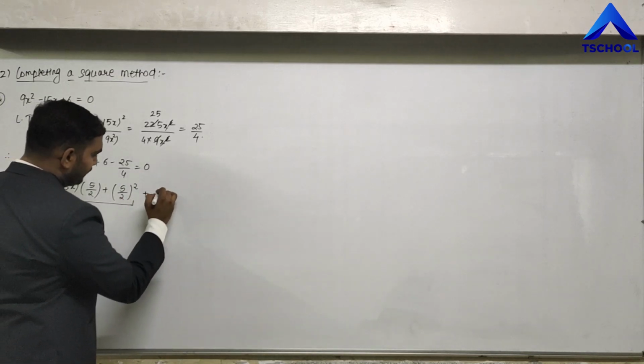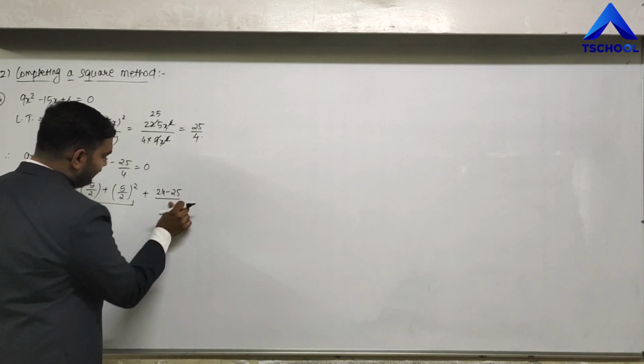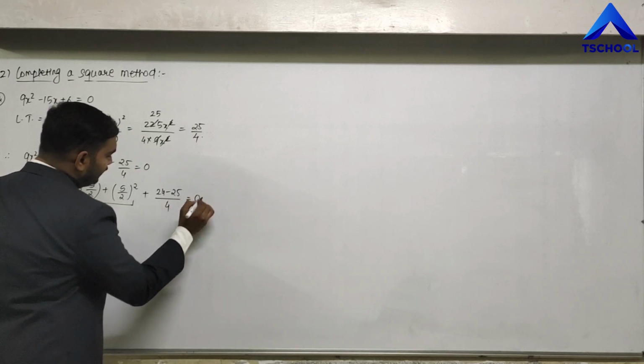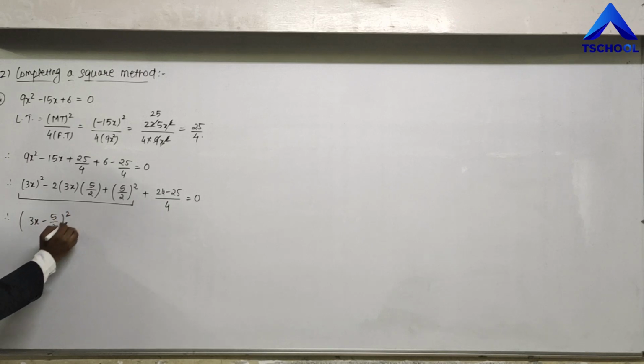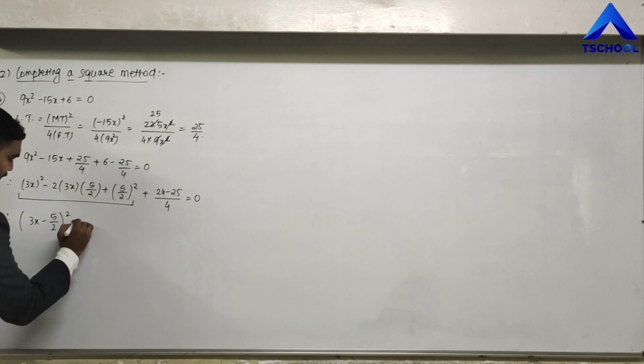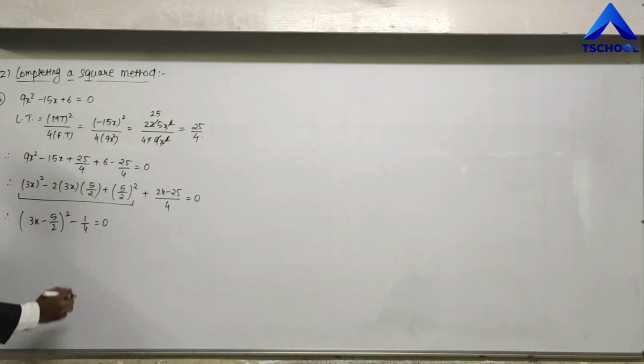Plus 24 minus 25 by 4 is equal to 0, right? So here we get this thing as 3x minus 5 by 2 whole square minus 1 by 4 is equal to 0.